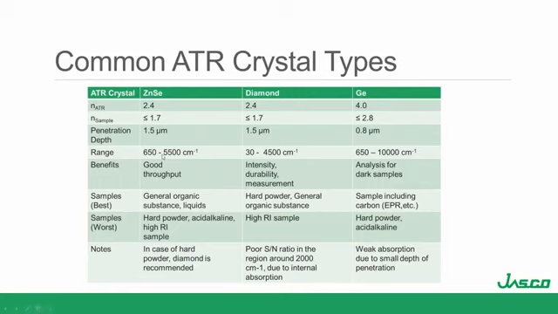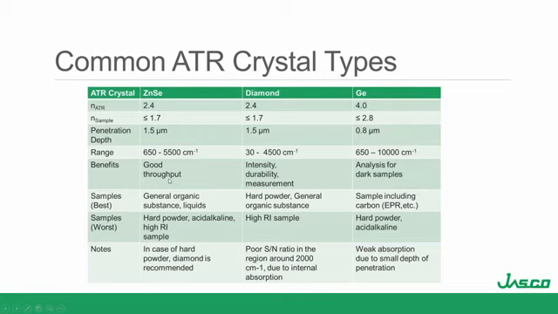The range is 650 to 5500 for zinc selenide, 30 to 4500 for diamond, and 650 to 10,000 for germanium. So germanium can even be used in the near IR.